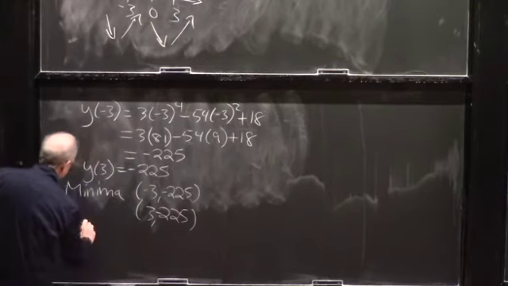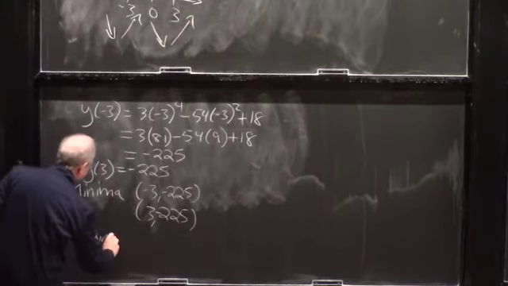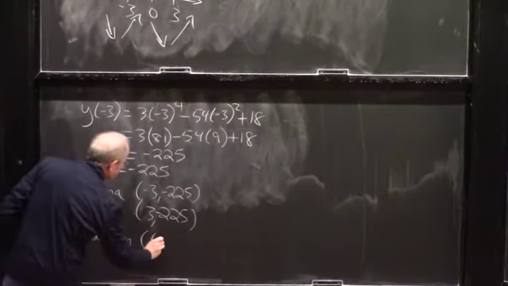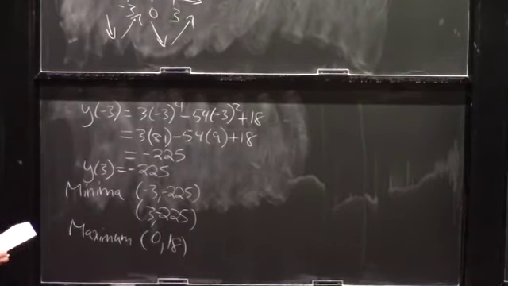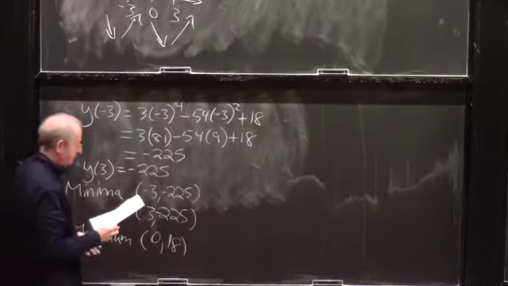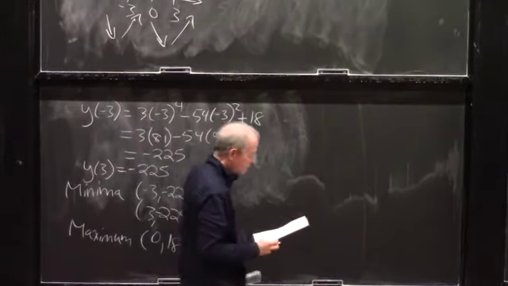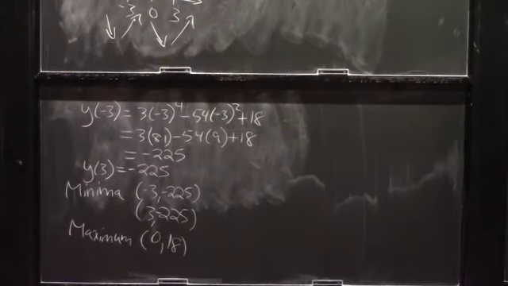And then the maximum is easy. That's (0, 18). So far, so good? You guys don't look happy. Okay. Where is it concave up or concave down?